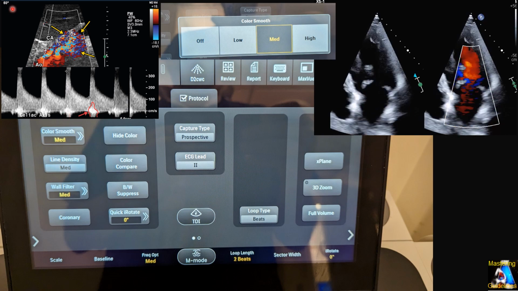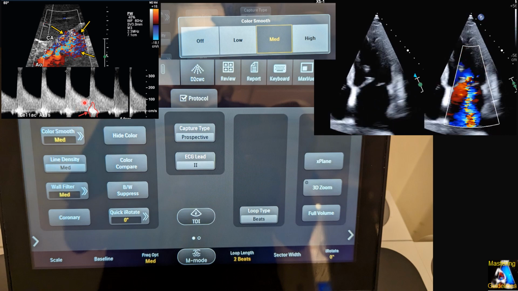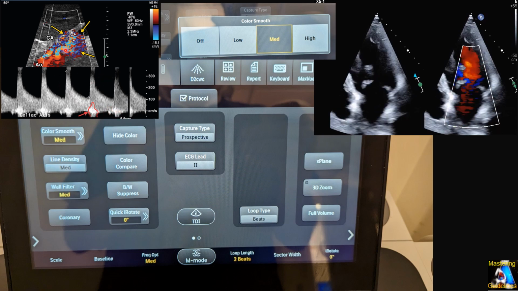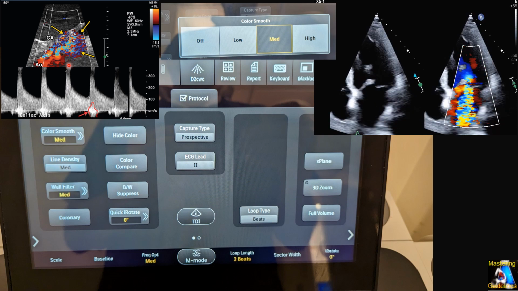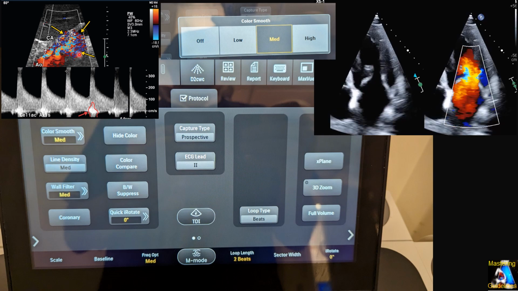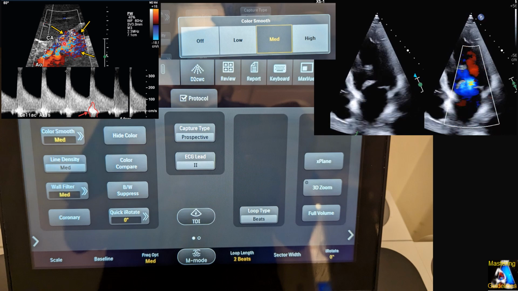Bruit artifact is due to the vibration of tissue around any high velocity and turbulent blood flow, for example a stenosis. We have turbulence, and that turbulence vibrates the tissue around that area, usually the vessel, and it can create bruit artifact that shows color around the jet area.